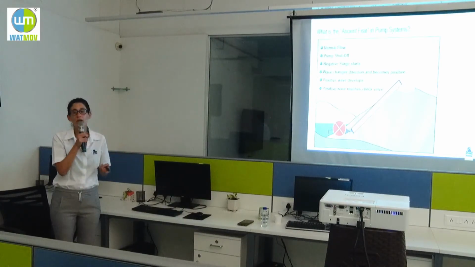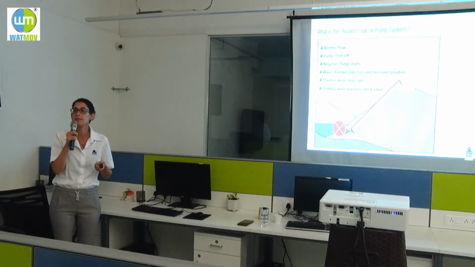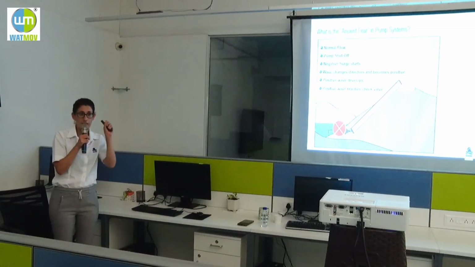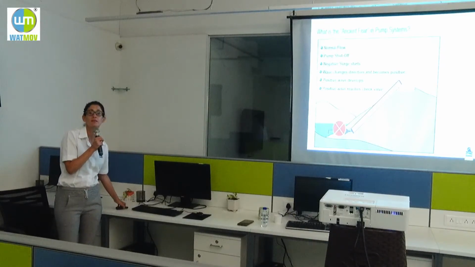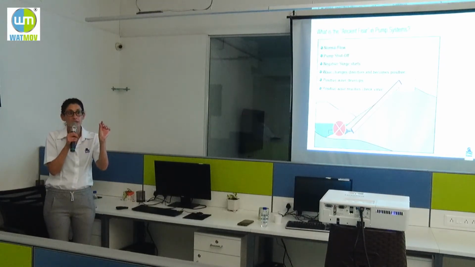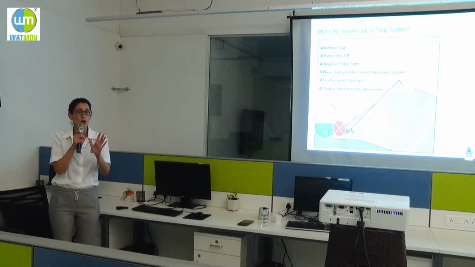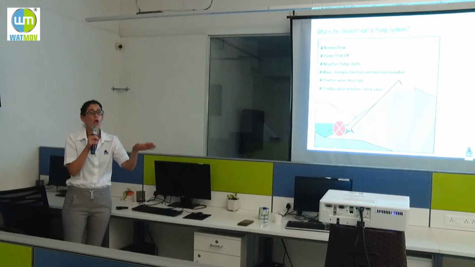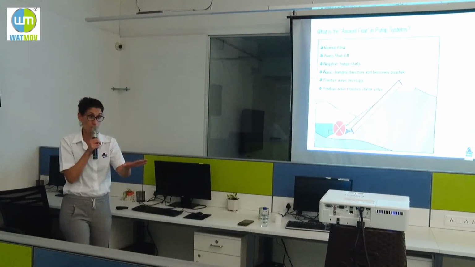So when we talk about power failure, it's something that is an emergency, and we need to react to relieve this surge, okay? But I want to add a little asterisk. When we are in control, when we are operating a normal system, and we shut the pump off and we start the pump, we should not react to surge, we should prevent it, okay?